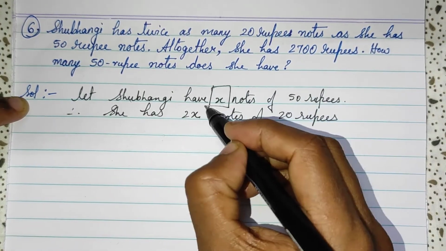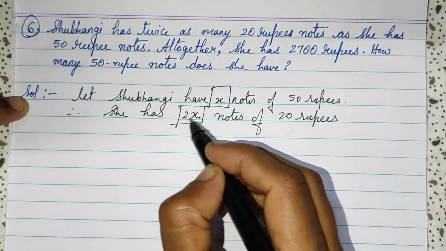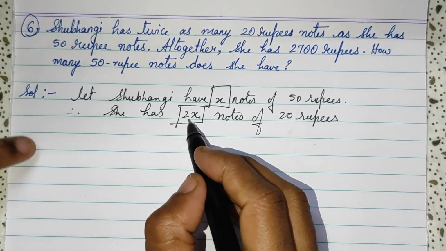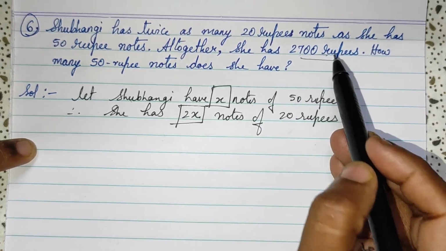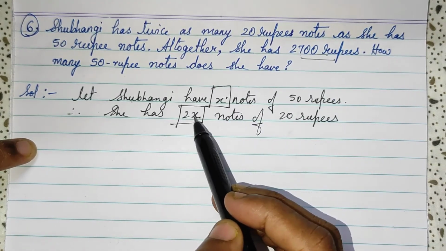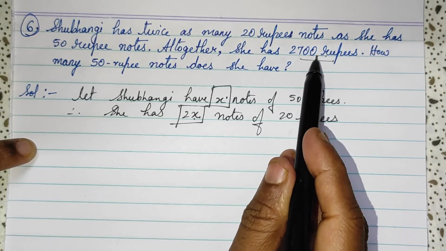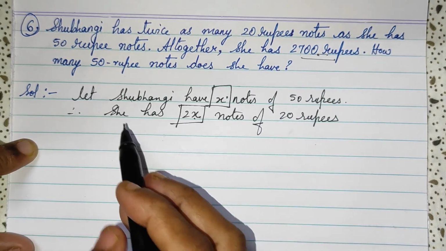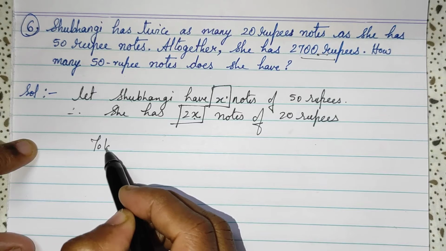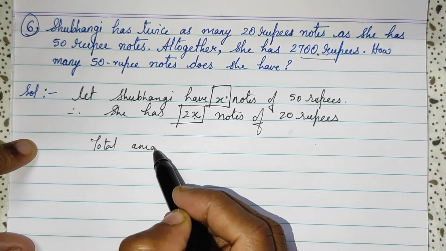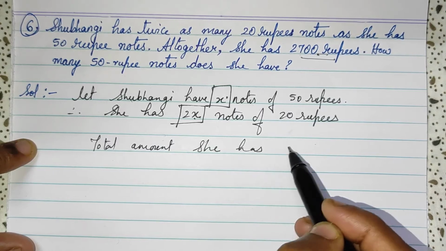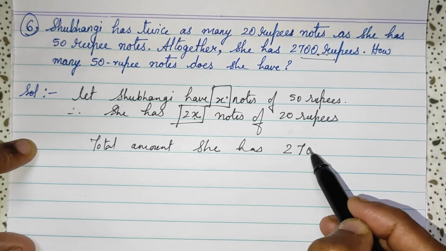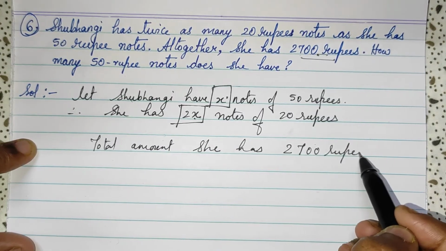See, this is the number of 50 rupee notes and this is the number of 20 rupee notes. All together she has this much, meaning after adding this and this she has this much. So the total amount she has is 2700 rupees.